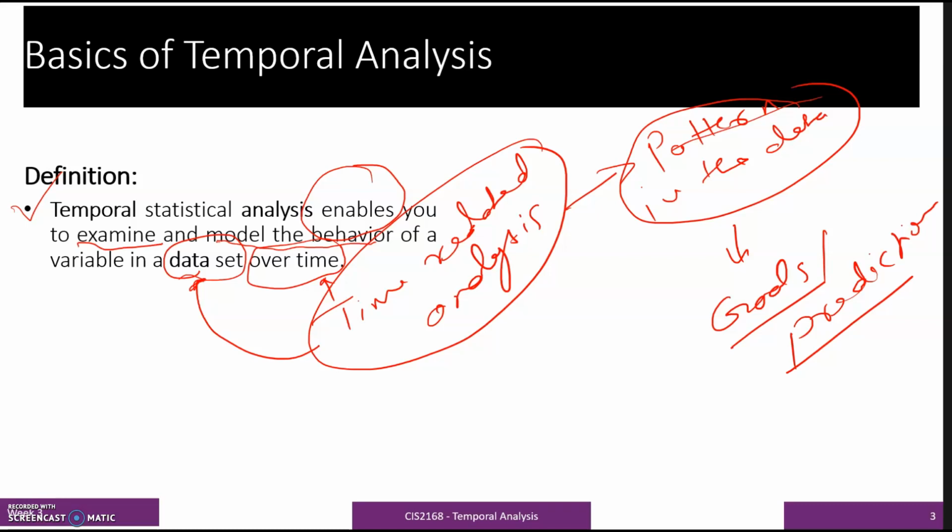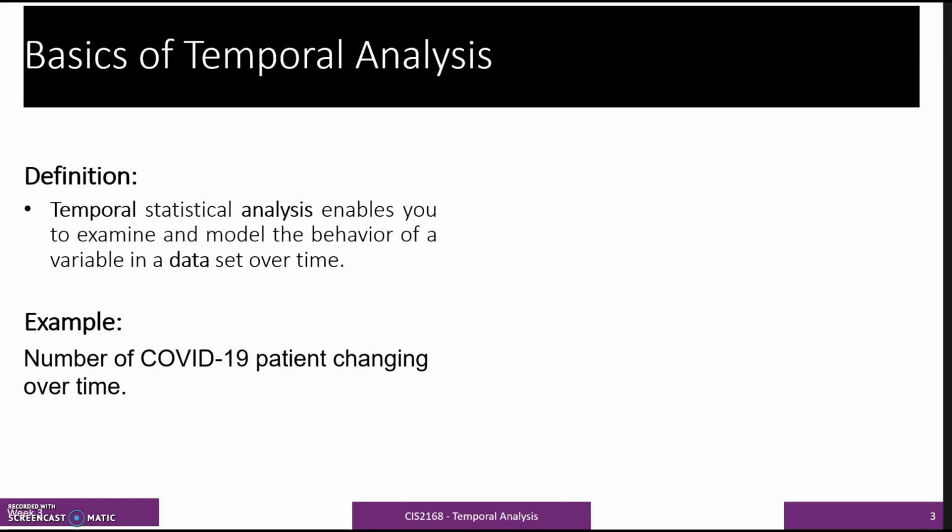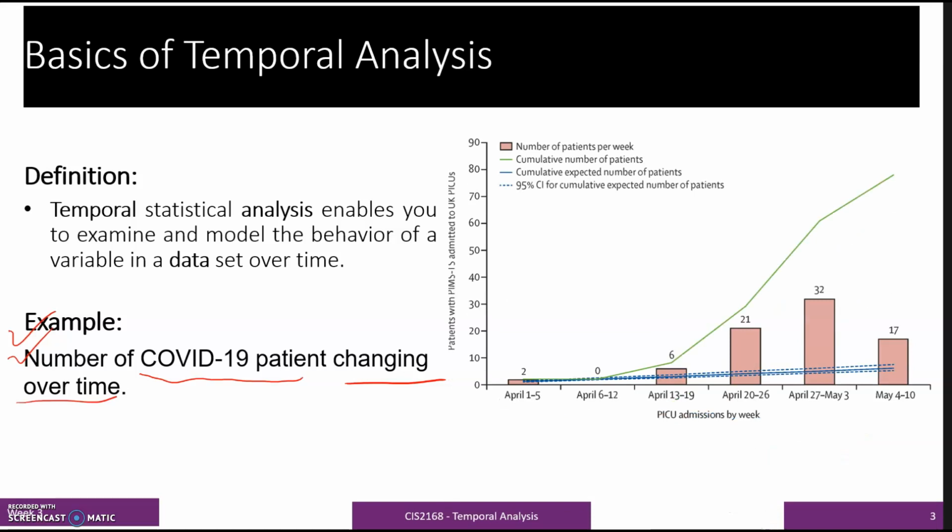In order to explain the concept of temporal analysis in a better way, I have presented one example here, and the example is on COVID-19 patients changing over time. So how the number of patients are varying over the time, this example is given here, and a graph is given here which indicates the change in the number of patients over time.